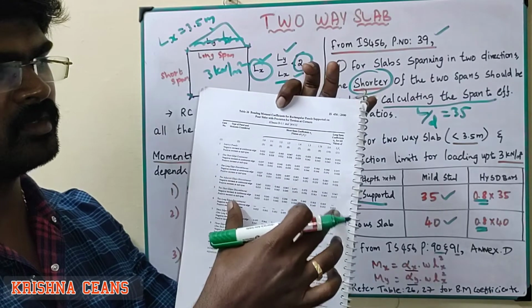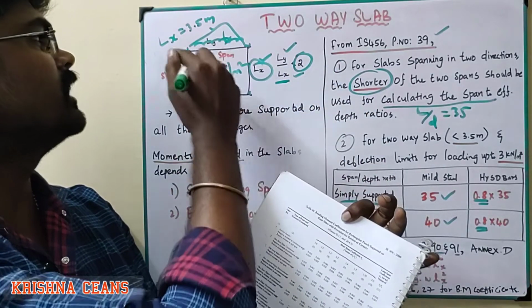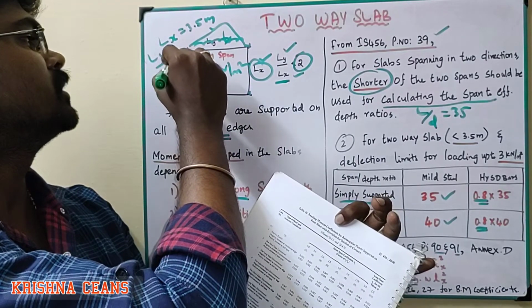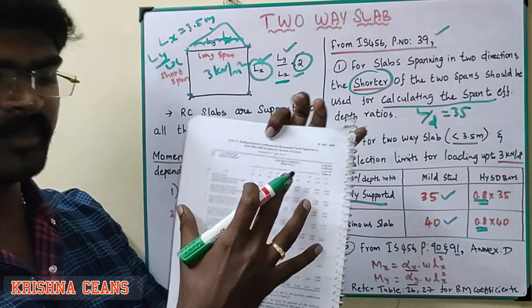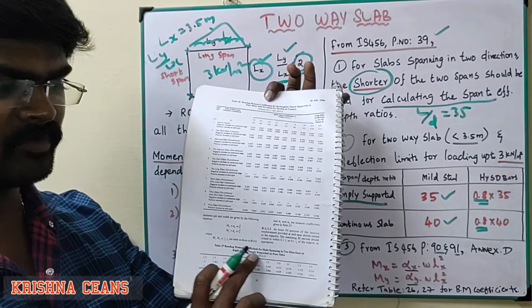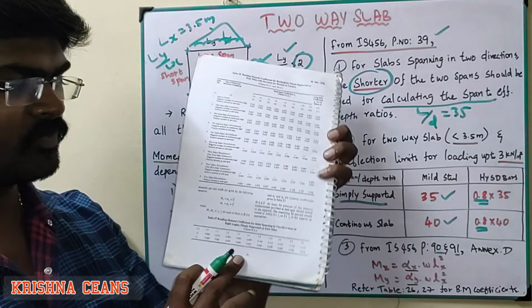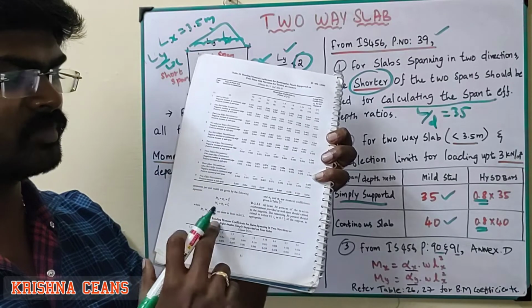This is the table which has alpha x and alpha y values, depending upon Ly by Lx. Then we have to refer to the table. Table number 27 is provided for right-angled simply supported four sides of slab. Here also we have to consider this if you are going for simply supported slabs.